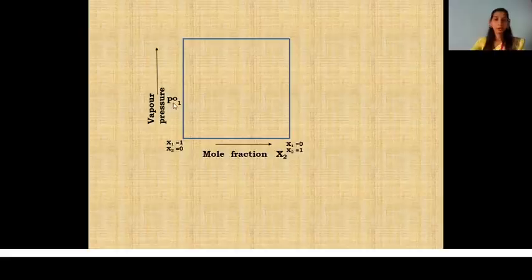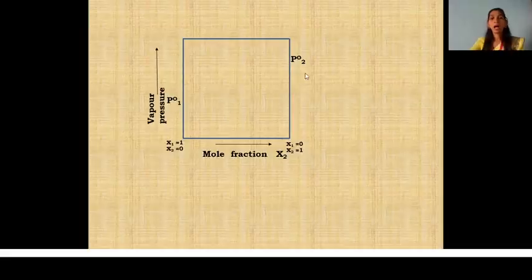Now P naught 1 is the pure vapor pressure of liquid A1, and P naught 2 is the pure vapor pressure of liquid A2. The value of P naught 1 is lower compared to P naught 2. Why does this happen? It depends upon which compound is more volatile.